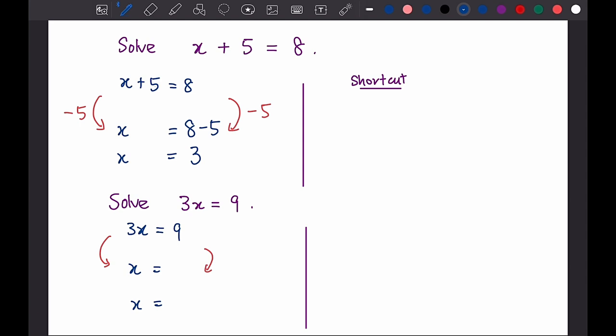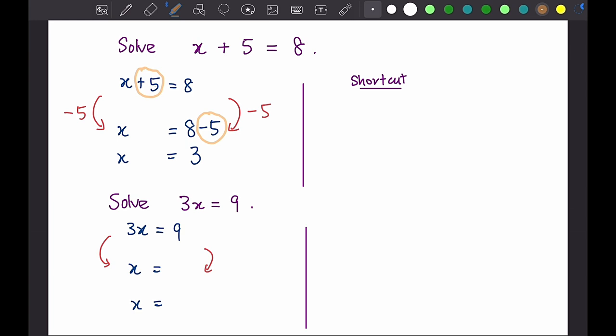Now I want you to observe this, and that is the traditional way. I want to get a shortcut for exams. If you look at this, we have a positive 5 there, and on the other side, this is -5.